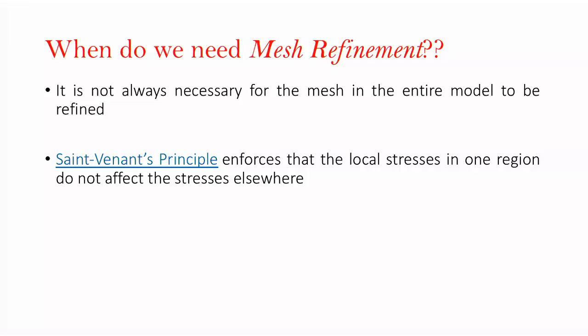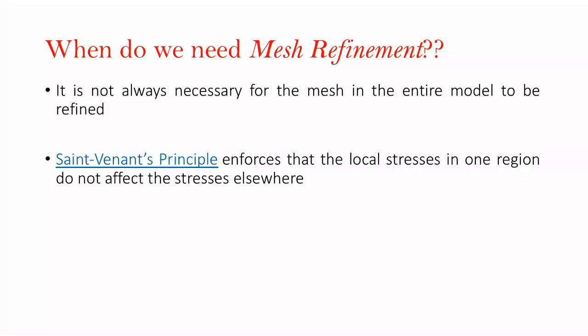There is a principle called Saint-Venant's principle. This principle says that when we move away from the local stresses, the effect of the local stresses cannot be observed as we're moving away from the location of these stresses. For example, just imagine a plate with a hole at the center.